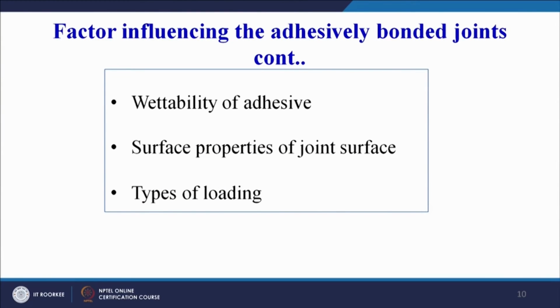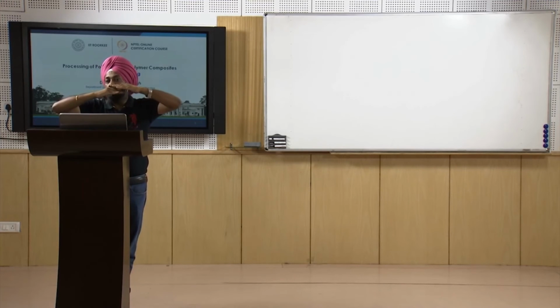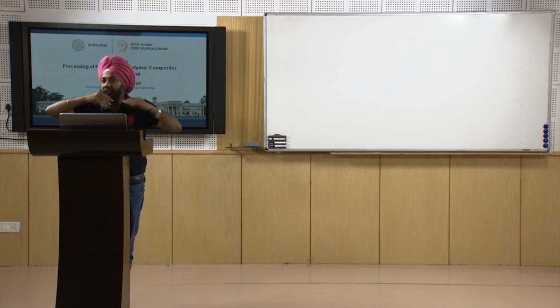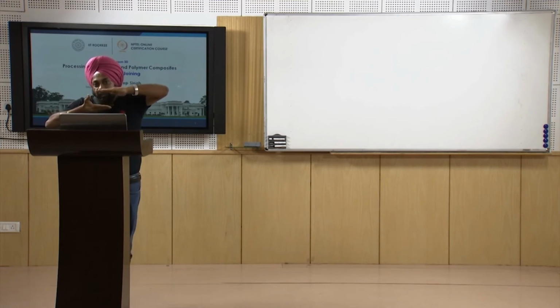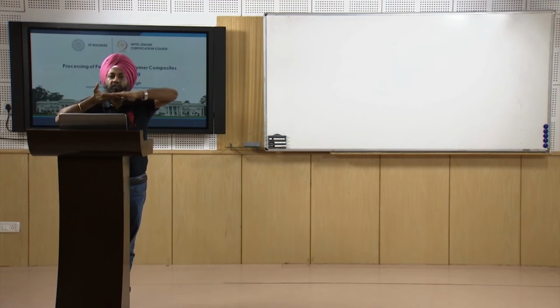Now wettability, we need to have very good wettability. If you remember, in our first session we saw a video in which two glass plates were being joined together. In between, a thin drop of adhesive was dropped from the tube and another adherent or substrate was placed on this plate having the adhesive.